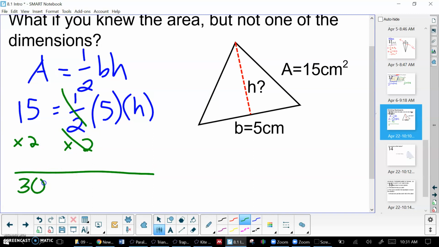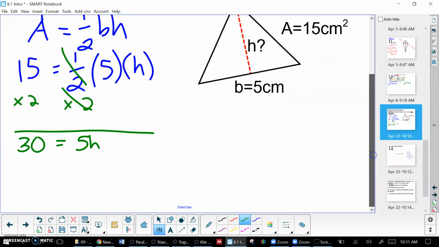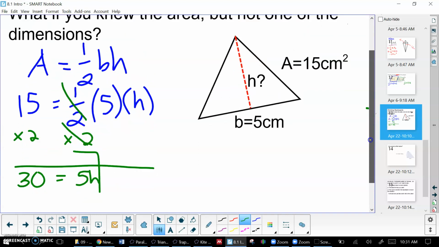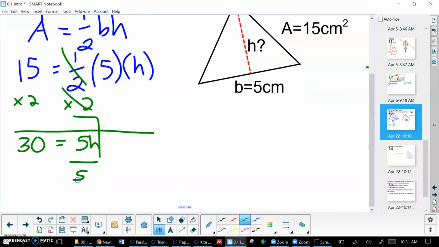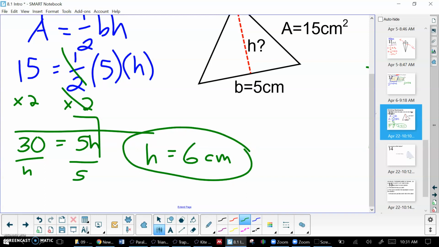And so I get 30 equals 5h. And then I can go ahead and divide both sides by 5. And I end up with h equals 6. And since, again, we're in centimeters, 6 centimeters. So we can use a little bit of our algebra to help us out there.